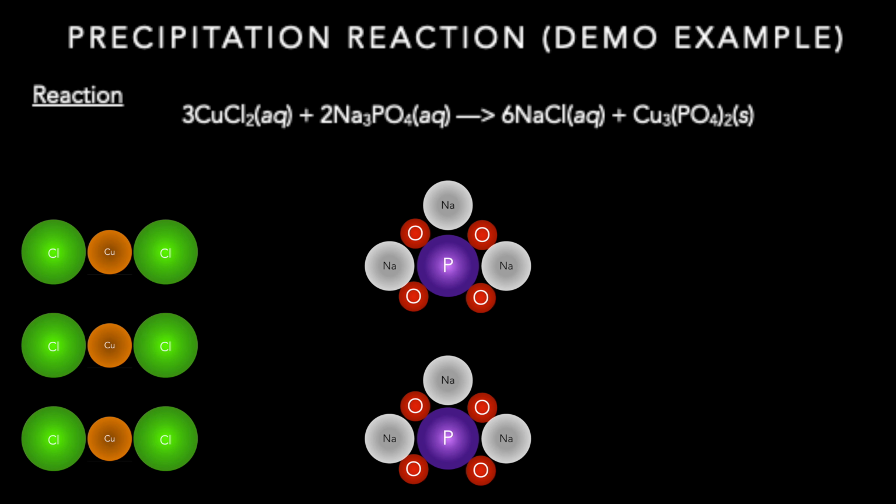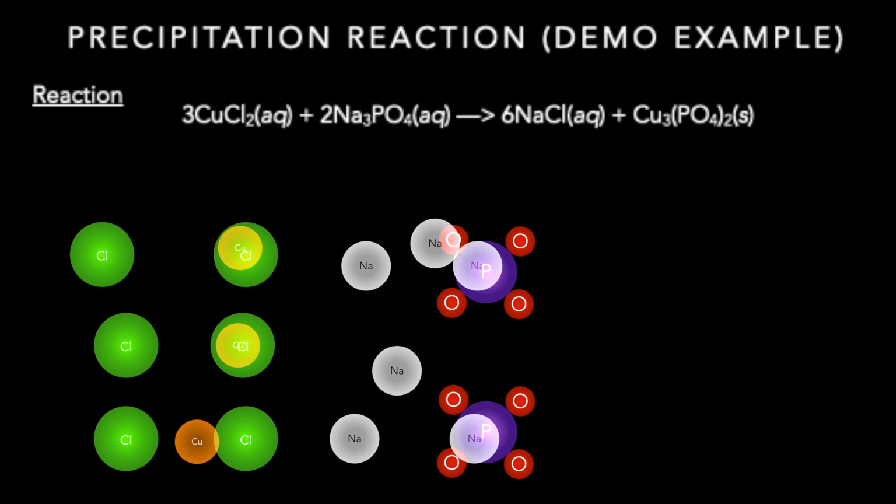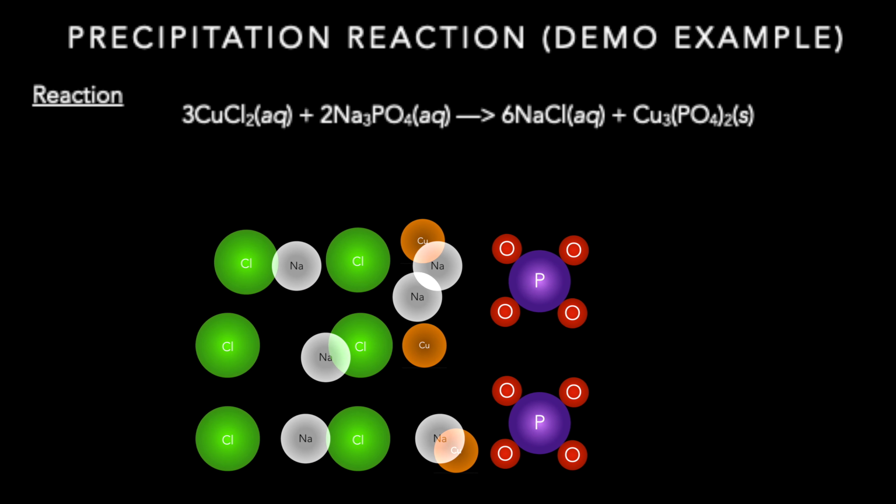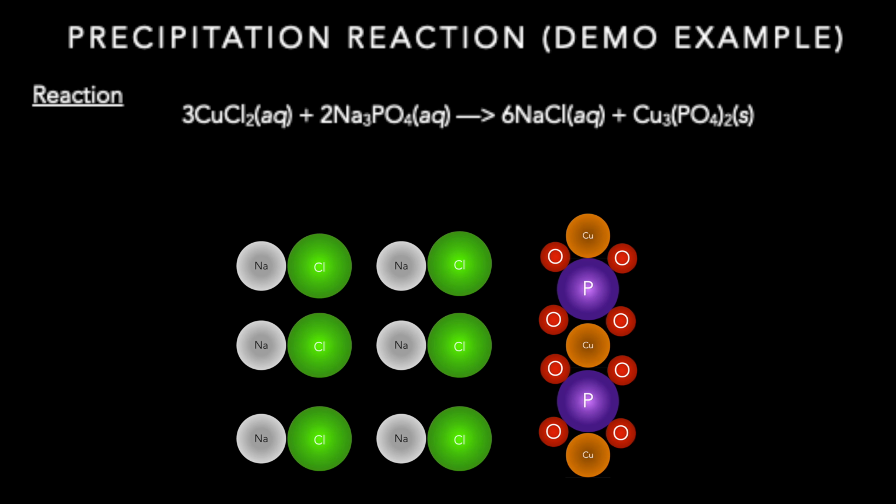Like in any double replacement reaction, we have a situation where partner swapping occurs. In this case, our cations, which are metals, copper and sodium, will swap places with each other. They will switch their partners, which copper has with chloride and sodium has with phosphate, and sodium will then bind with the chloride ions and copper with the phosphate.